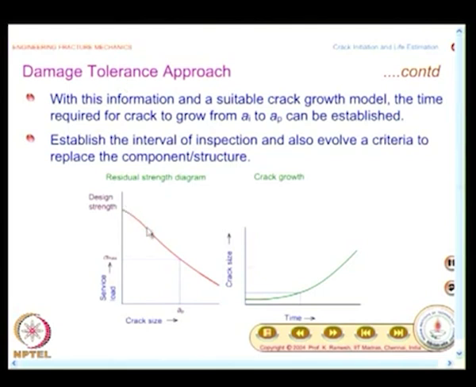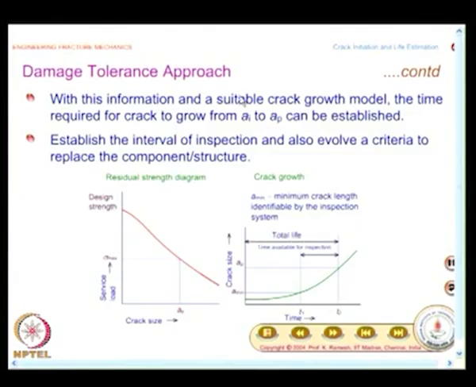So, you can get the residual strength diagram, and similarly you get a FAD, failure assessment diagram. You also look at crack growth data and then estimate the intervals appropriately. So, the crack growth model is very important, and we have already seen, if you are going to have random loading, one of the difficult tasks is even to assess realistically the type of loading acting on the structure.